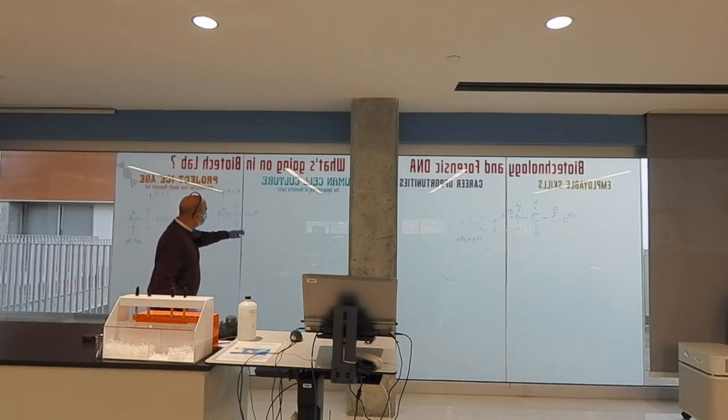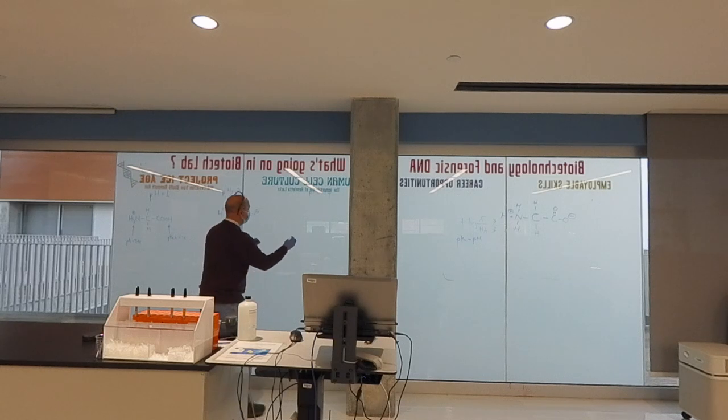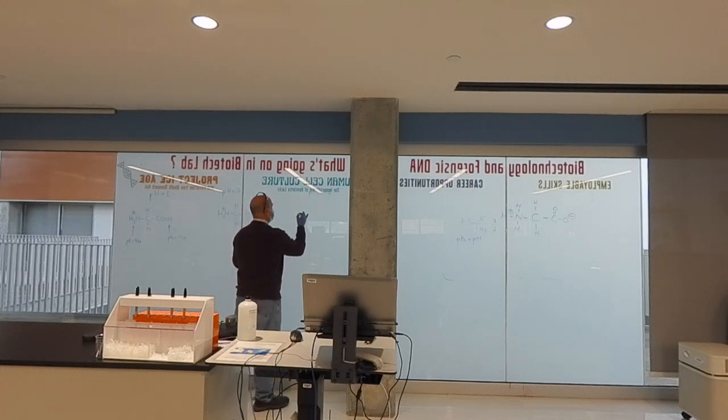What happens if you keep increasing the pH, asking for these protons to leave? Well, when you get all the way to pH 14, the amino acid looks like this.